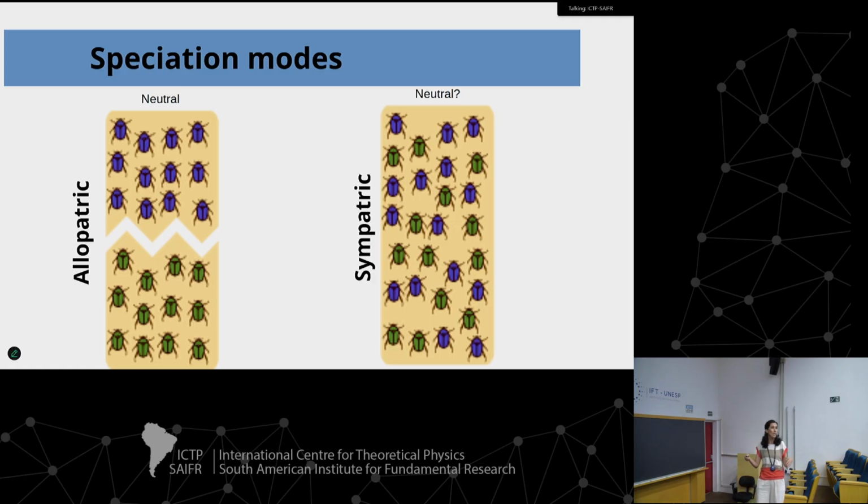Even in a neutral event without selection, we can end up with 2 species, because a mutation that occurs here cannot move to this population. How sympatric speciation could emerge, and whether it could emerge in a neutral scenario, is still a debate. As Marcus just mentioned, I do not need to go into detail here, since we just had a talk about that.